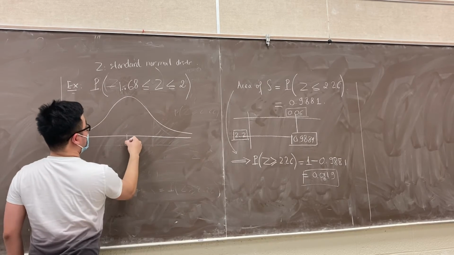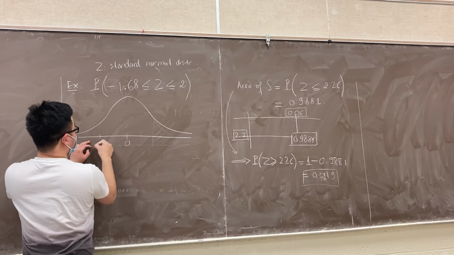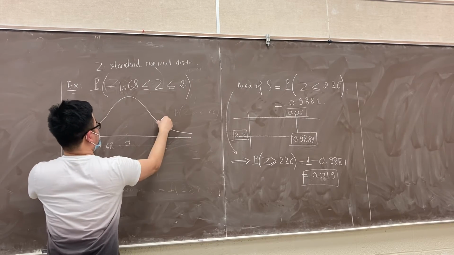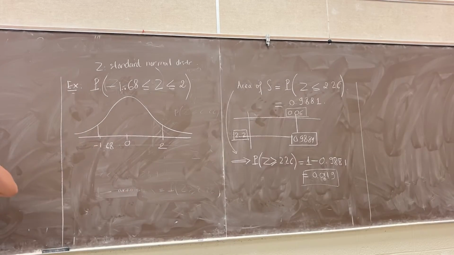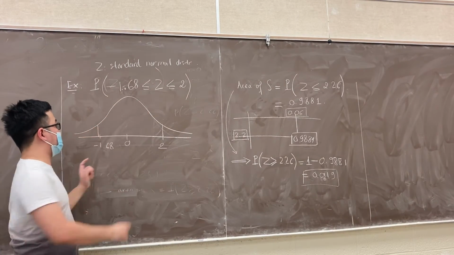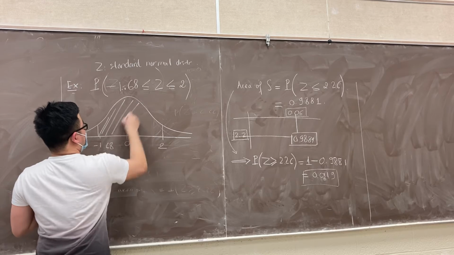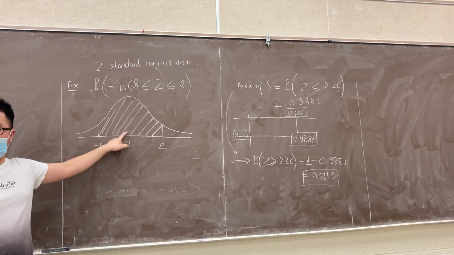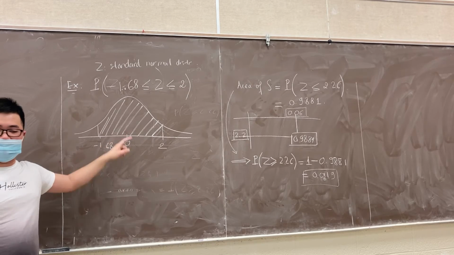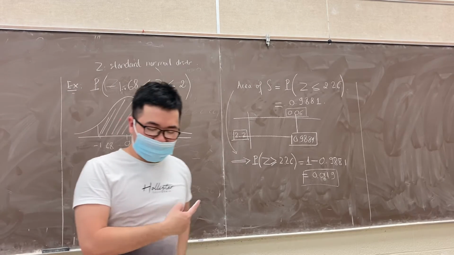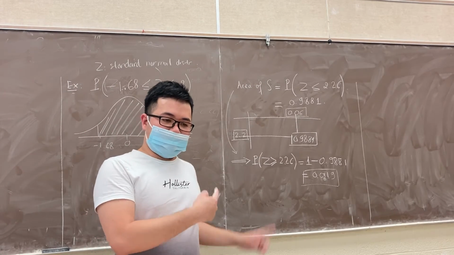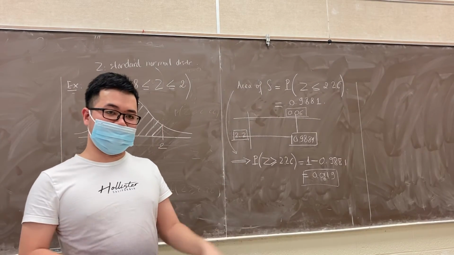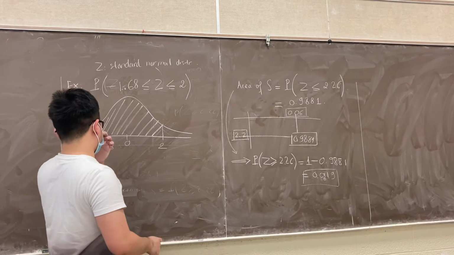We have 0 here, and we have this number, and we have this number. So this means for the probability of Z between two numbers, you need to calculate the area of this region, right? How to calculate the area of this region? We cannot use the table immediately, right? We need to do something about this.